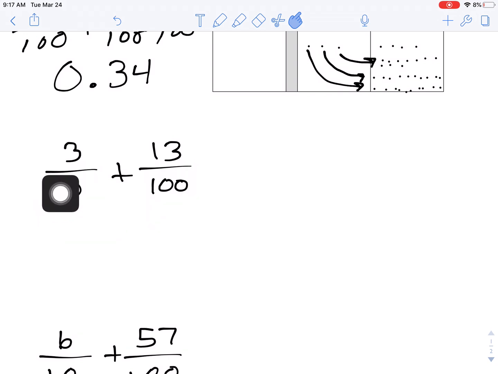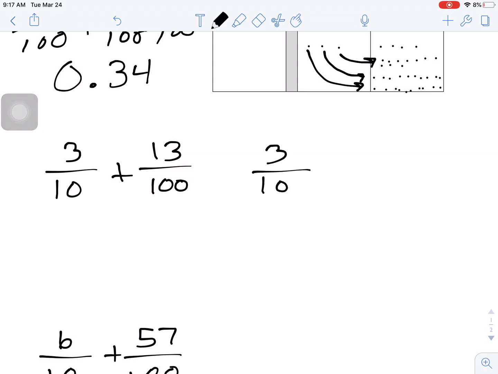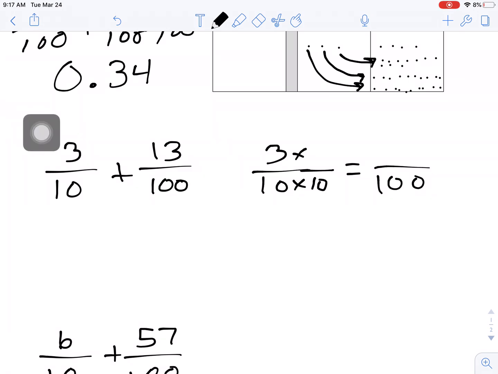I can turn 10 into 100 by cutting them or multiplying them. So I would go 3/10 times something to get 100. Remember, I take my tenths and go 10 cut into 10, so 10 times 10 is going to equal 100.